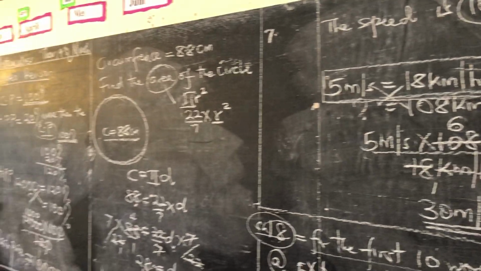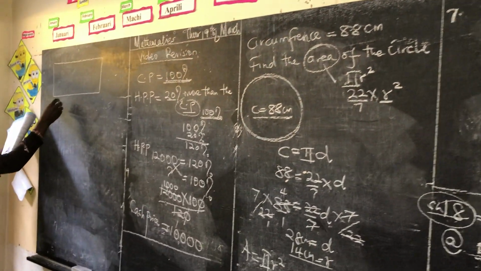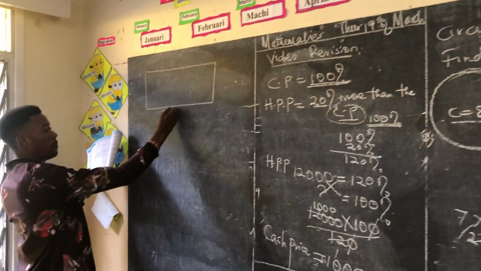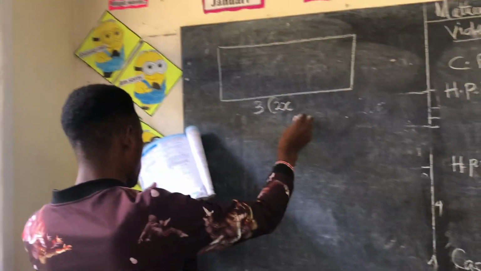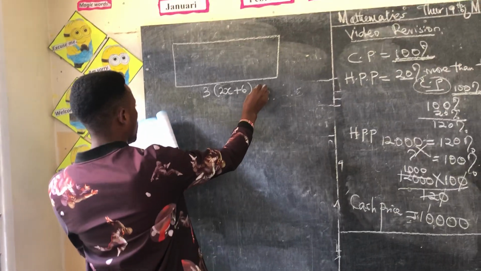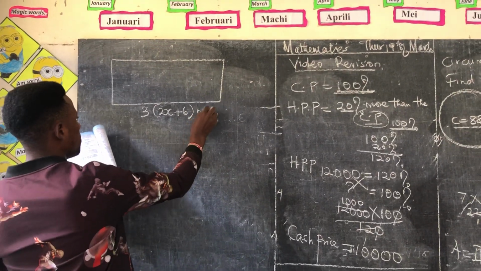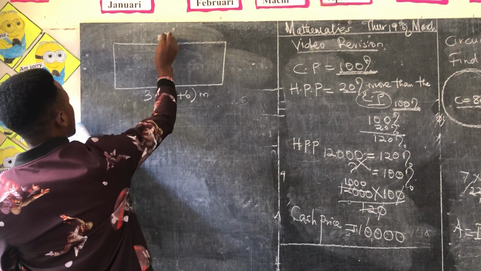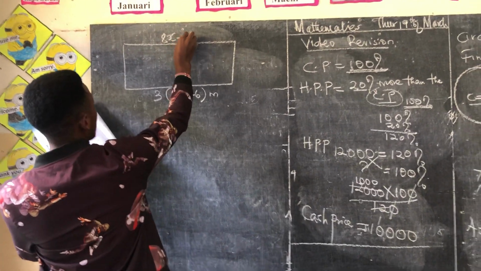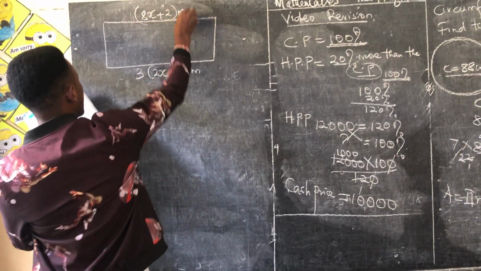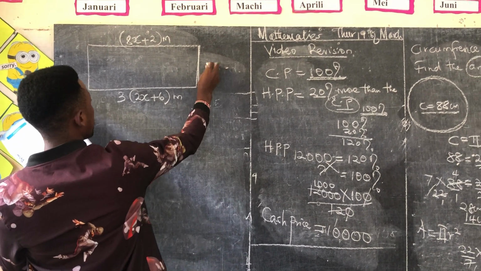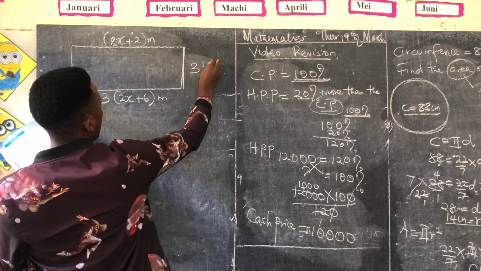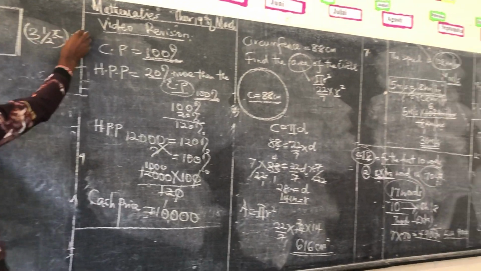So to so many of us maybe who did not know how to go about this sum, so pay attention and follow each and every step I'm going to take. So this is in meters, and then 8x plus 2, and this is in meters, and then the width of this rectangle is 3.5x. This one is in meters.